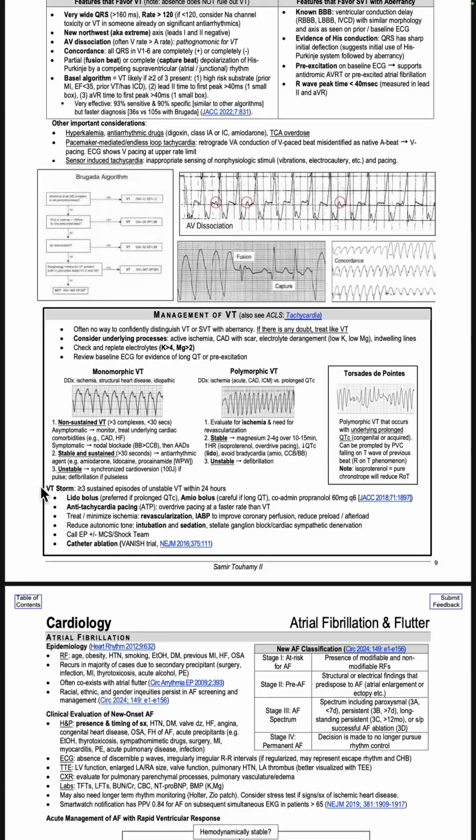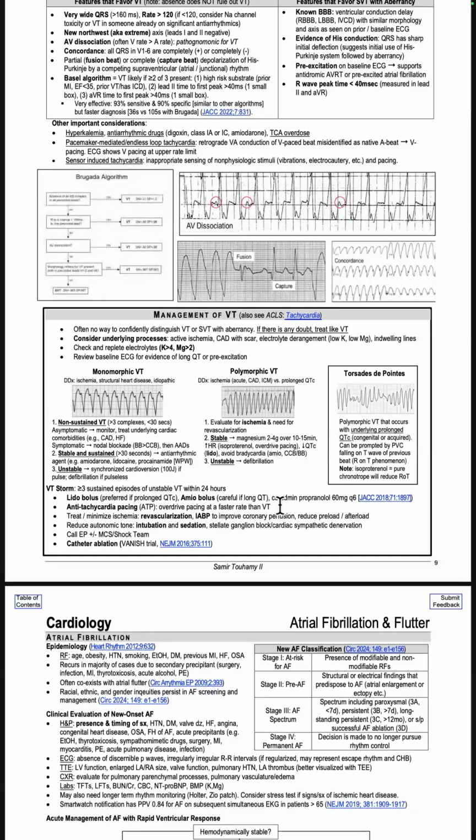Ventricular tachycardia storm is greater than or equal to 3 sustained episodes of unstable VT within 24 hours. In this case, you want to use a lidocaine bolus if there's a prolonged QT. Otherwise, you can use an amio bolus and the co-administration of propranolol 60 milligrams every 6 hours. You want to do anti-tachycardia pacing, so overdrive pacing at a faster rate than VT.